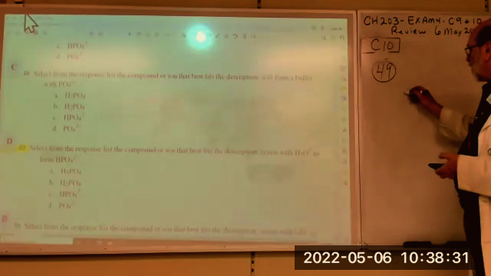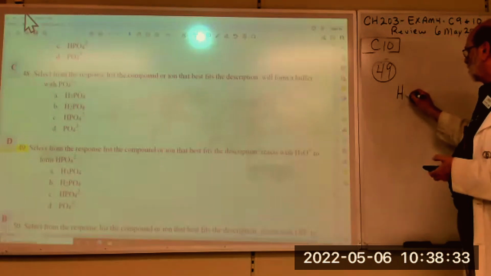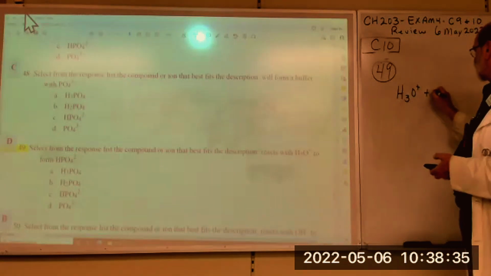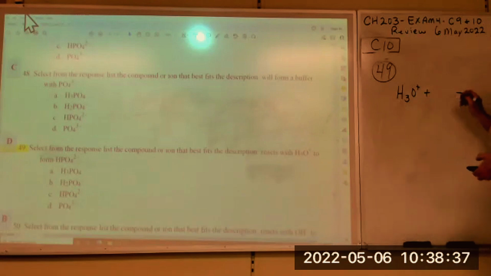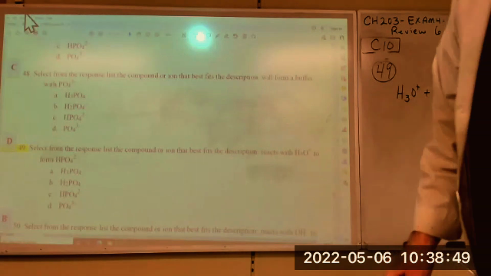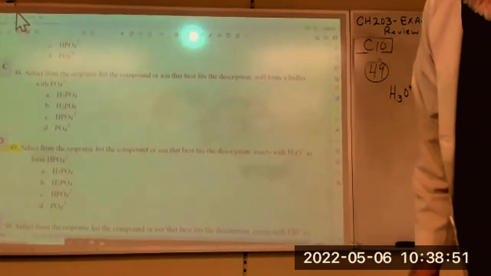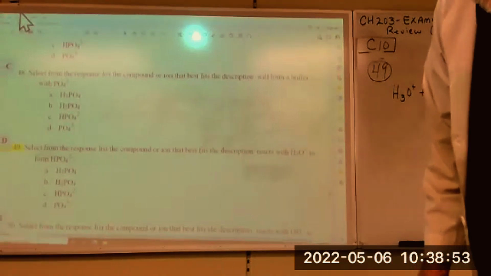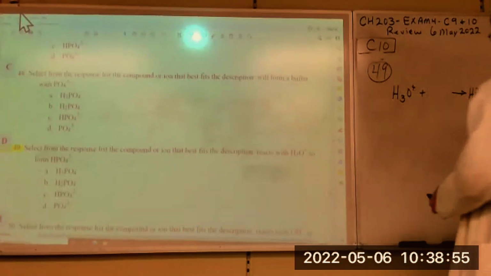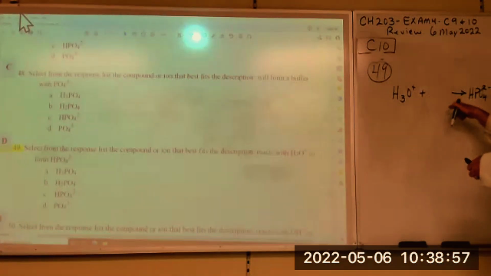So if you're going to transfer a proton from this one to something else to form this one, what's going to accept a proton to make it that?